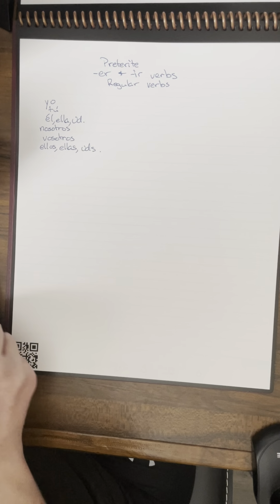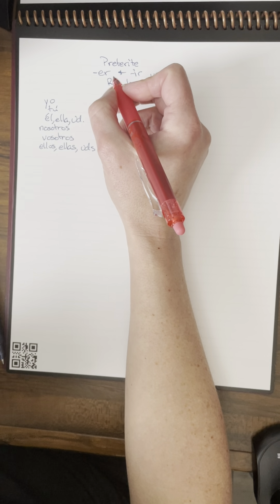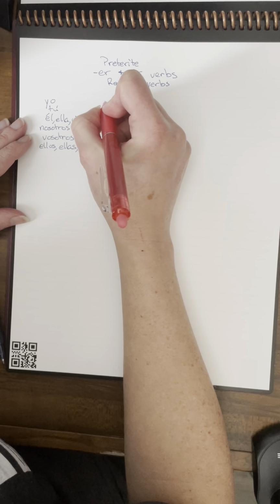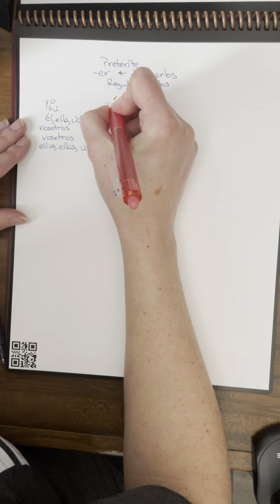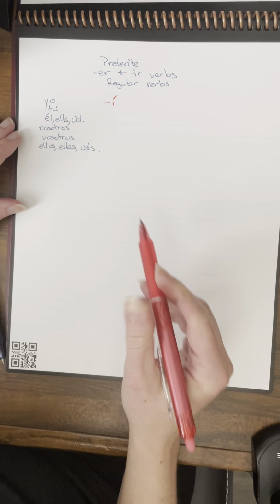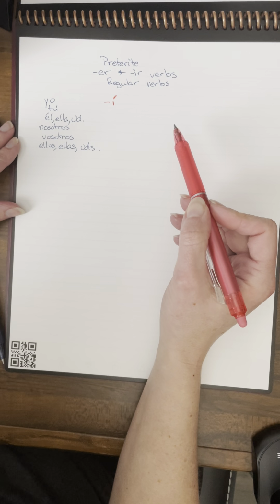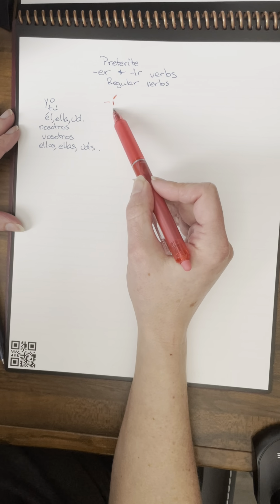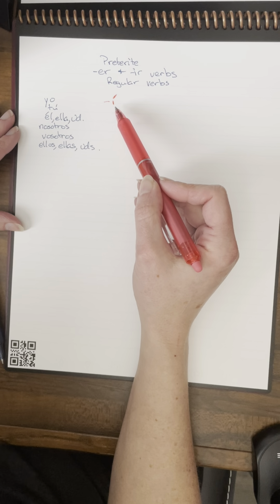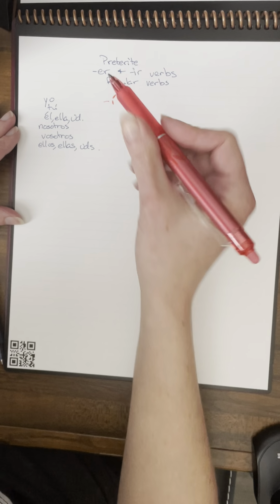All right, so for ERs and IRs, your yo form is going to be í, an I with an accent mark. Now, I know that causes problems, right? Because not only do we have the letter I, it sounds like we're saying the letter E in English, but it's just hard to remember. So remember, ER and IR, it's the letter I with the accent.